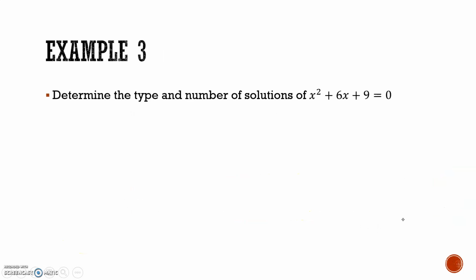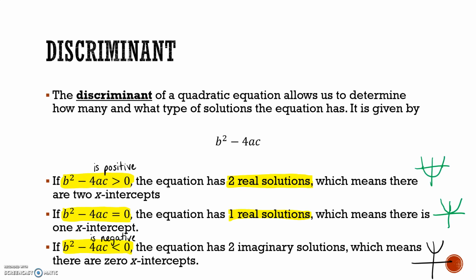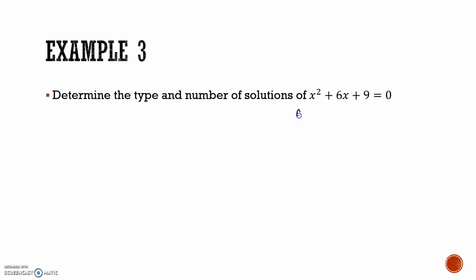So for these problems, all we're going to do is determine the type and number of solutions. So basically, all we're looking for is this piece right here. My a value is 1, b is 6, and c is 9. So b squared minus 4ac. 36 minus 4 times 1 times 9 is 36.